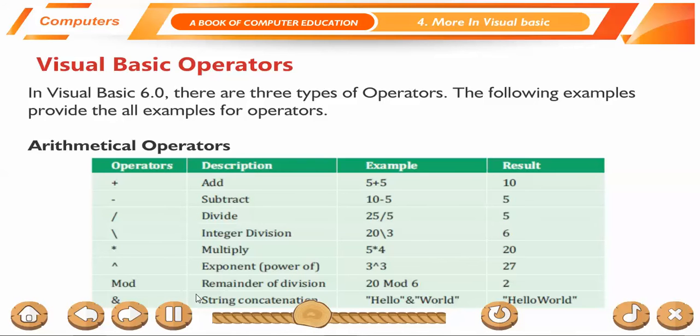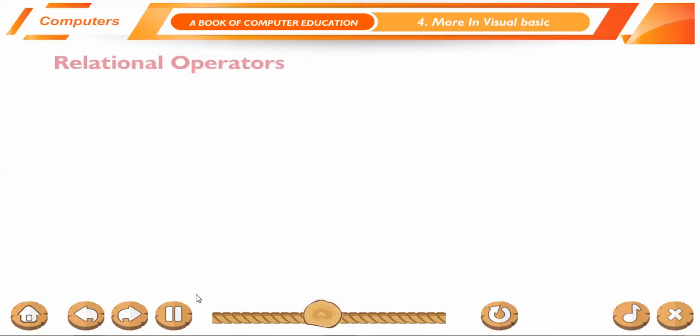Multiply: 5 into 4, result 20. Exponent, power of: 3 to the power of 3, result 27. Remainder of division: 20 mod 6, result 2. String concatenation: Hello and world, result Hello world.